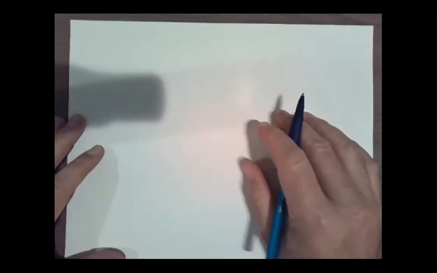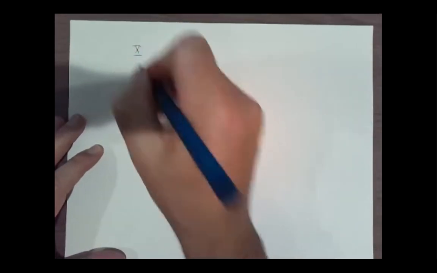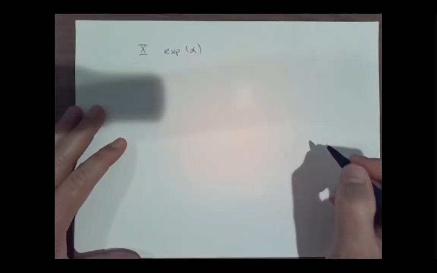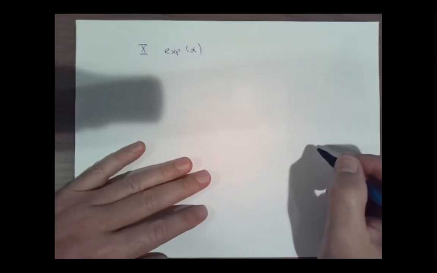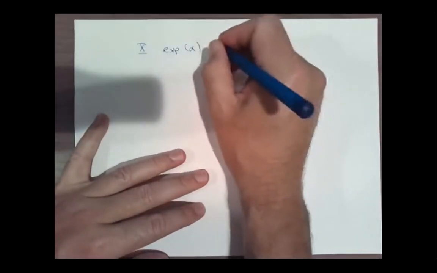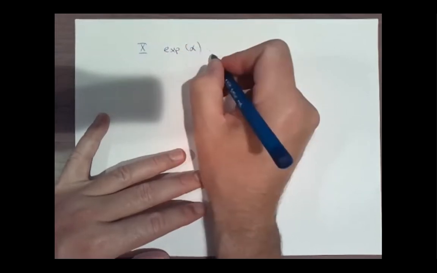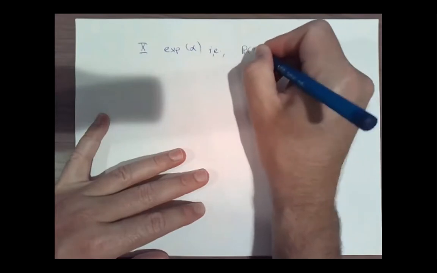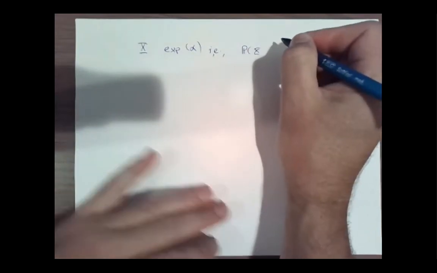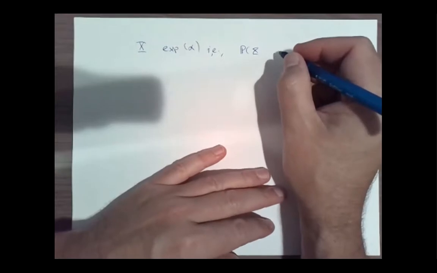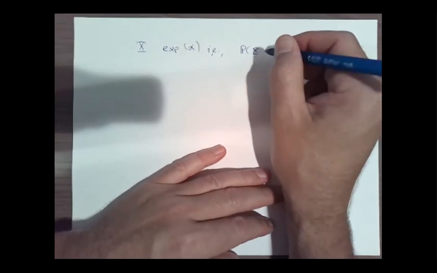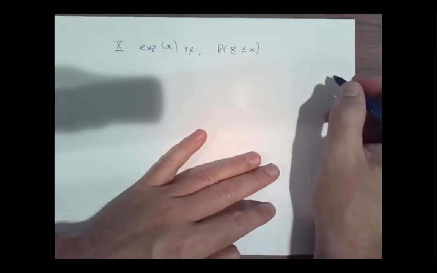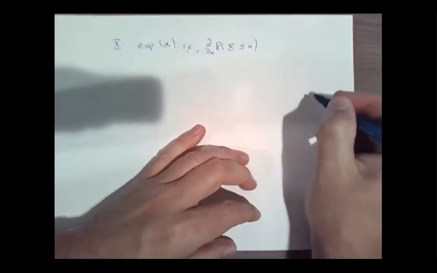So you have a random variable x, which is exponential with parameter alpha. What does that mean? If I'm looking at the probability that the random variable is less than x, and I compute the derivative with respect to x, I get the density.